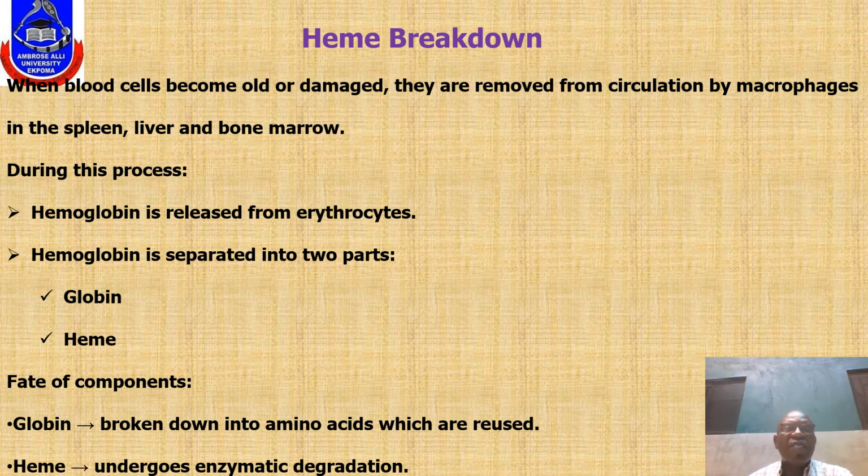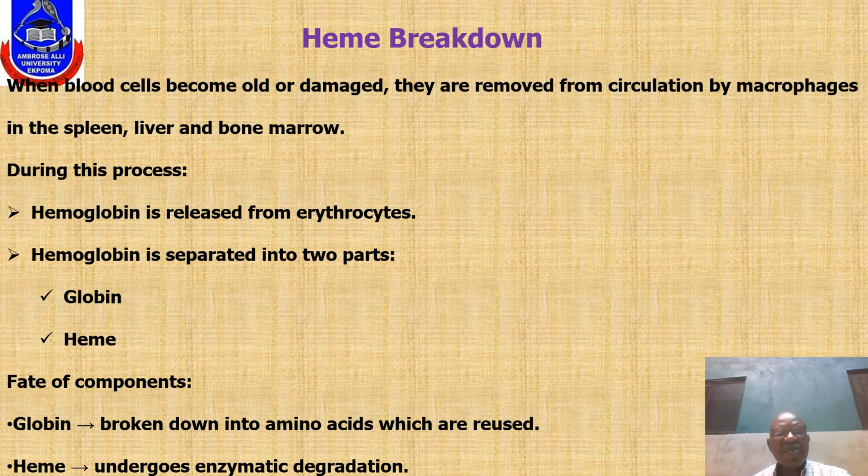Now, having talked about the synthesis, let's talk about the breakdown or the catabolism of heme. This often occurs when the red blood cells become old and damaged. They have to be removed from circulation by macrophages. Now, the organs that are involved are the spleen, the liver, and the bone marrow.